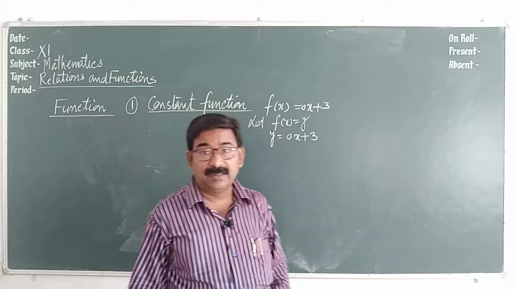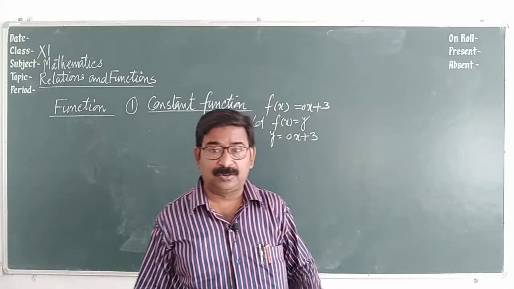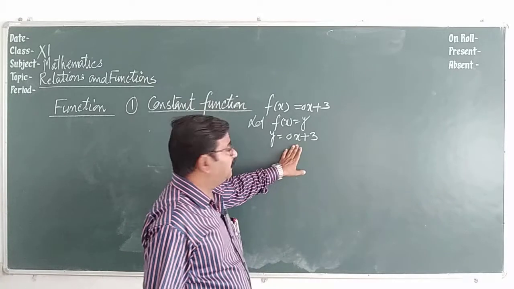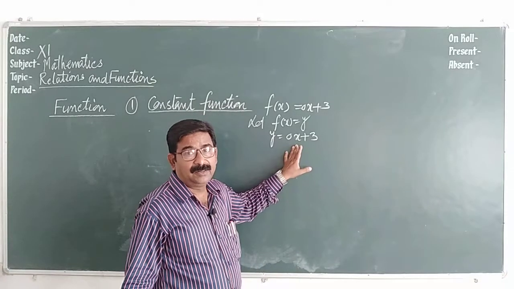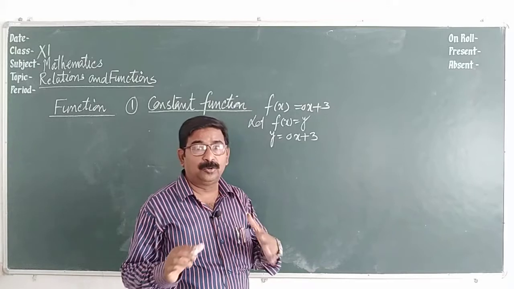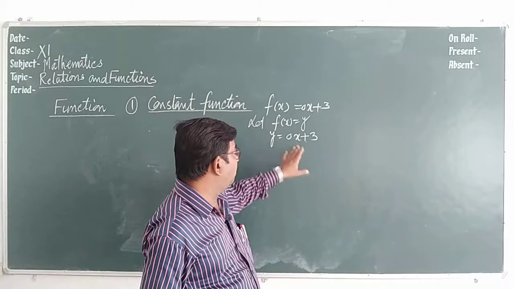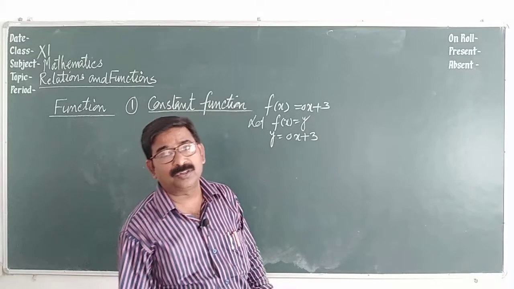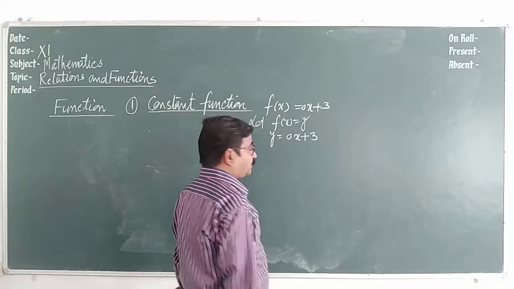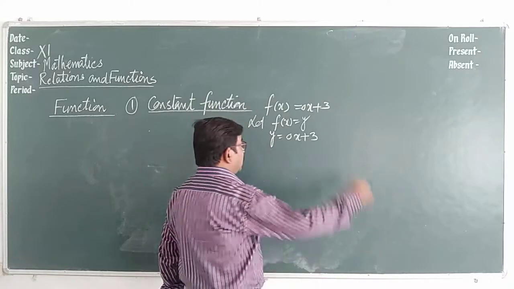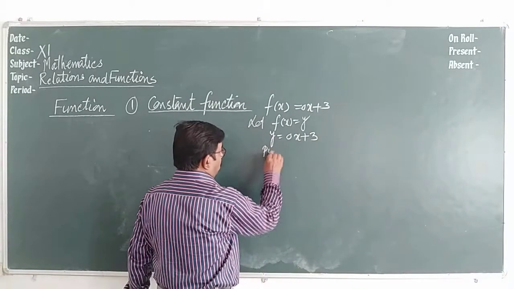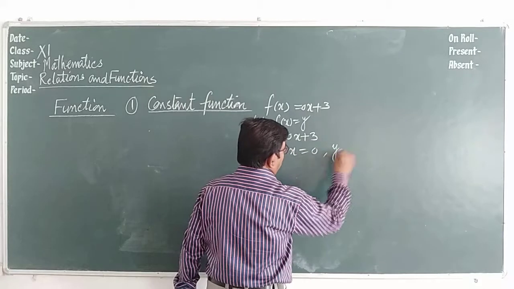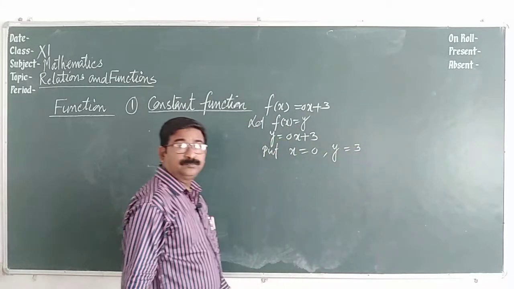Now let us see how to find its domain and range. For every value of x, meaning we are ready to put any value for x, we are going to plot the graph. Let's take some points. Suppose we put x = 0, then y = 3.